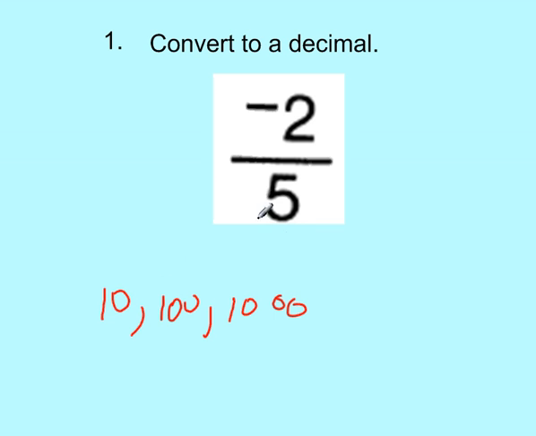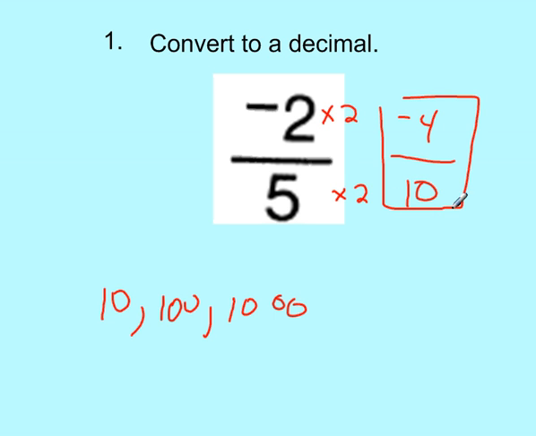I can take 5 into 10 by multiplying my denominator by 2. So if I take 5 times 2, I get 10. Now do the same thing in the numerator. Negative 2 times 2 is negative 4. So now I have negative 4/10, and I can easily write that as a decimal.